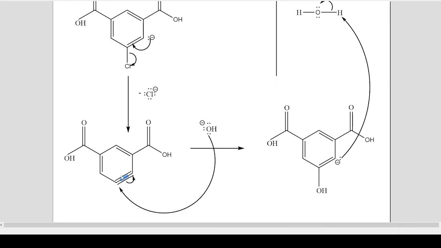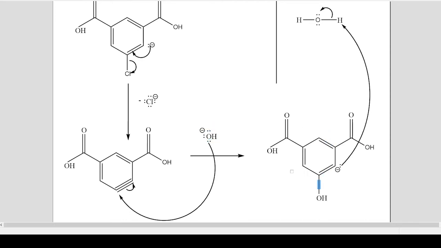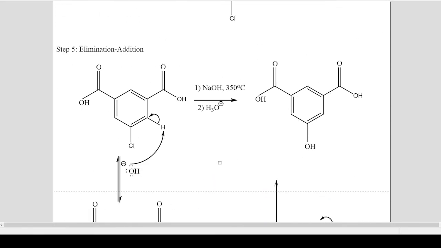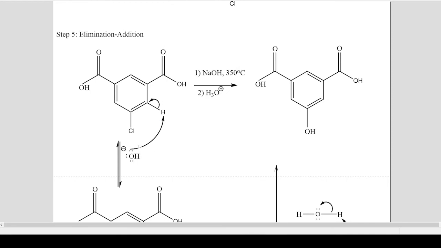It contains a benzene ring. It reacts rapidly with any available nucleophile to give an addition product. The first step: proton transfer.